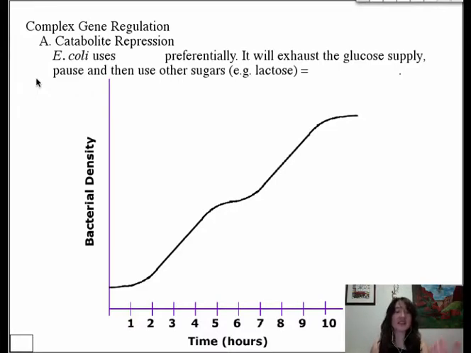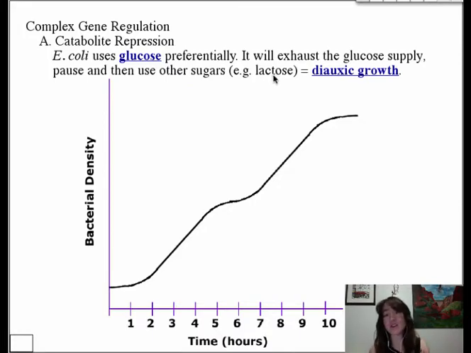So let's look at this in action. There's actually quite a great analogy for what occurs in E. coli cells when they're living in an environment where there is their preferred glucose source of energy, but there's also a secondary source of energy in the form of lactose, which it likes, but it's its second favorite. It's not going to use it first or preferentially.